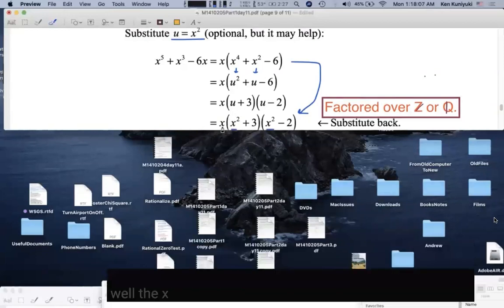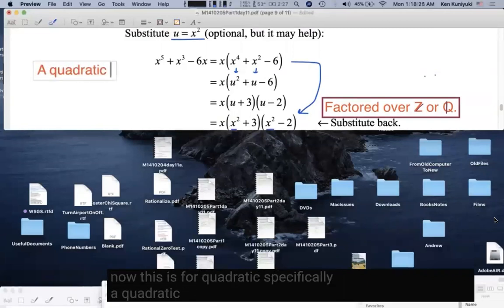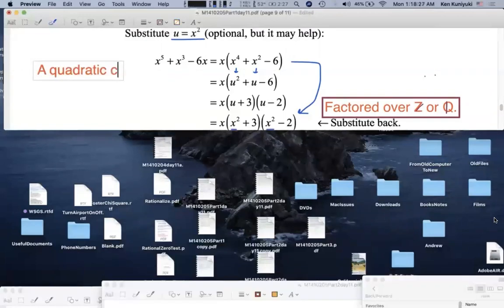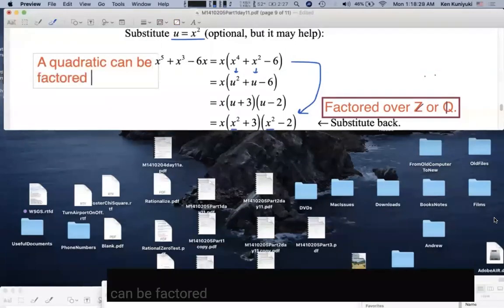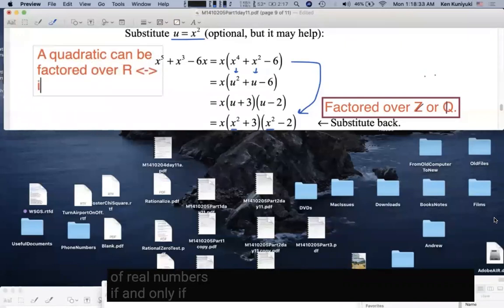Well, the x is just a nice linear. It's just an x. Over here, x squared plus 3. Well, here's a hint. Now, this is for quadratics specifically. A quadratic can be factored over the reals, the set of real numbers, if and only if it has real zeros.